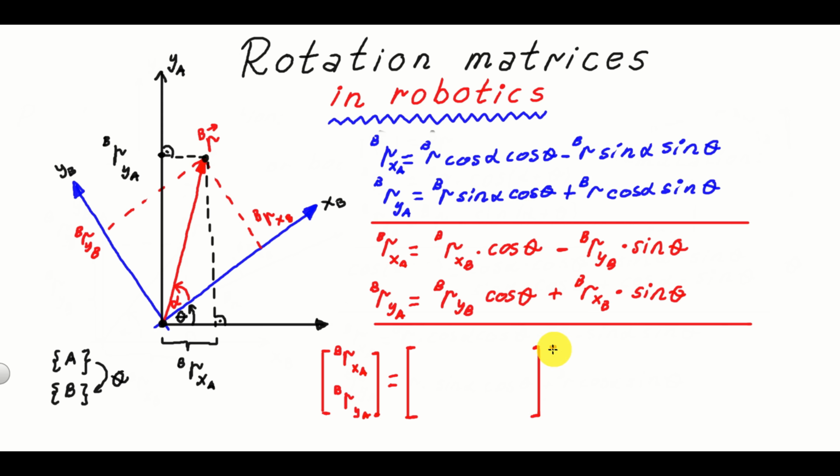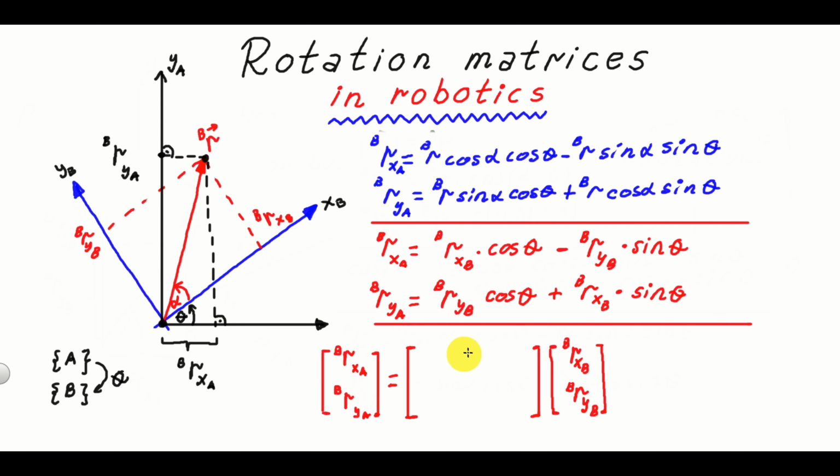And over here, I will write the projections of the vector RB in the coordinate system B. Consequently, I will have RBXB, and over here RBYB. And then I will close this vector.